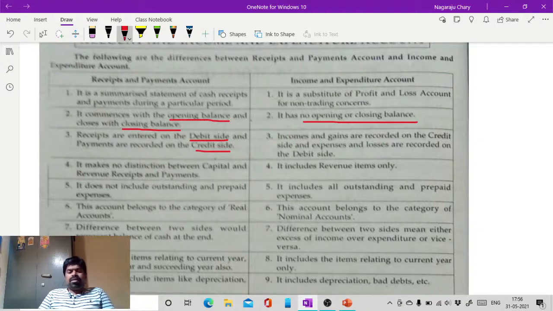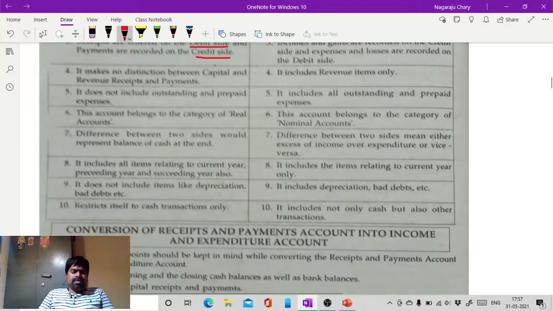These are the differences between these two. The next one: it makes no distinction between capital and revenue receipts and payments. Whenever we record receipts and payments, there is no distinction between capital and revenue items. If it is a receipt, you just record it on the debit side. If it is a payment, you record it on the payment side. That's it, when preparing the receipts and payments account.